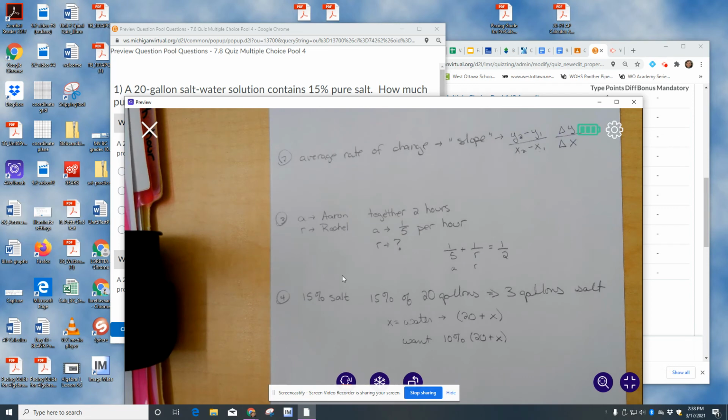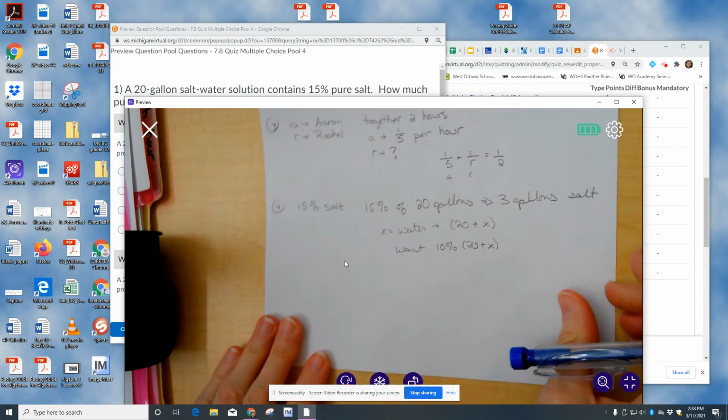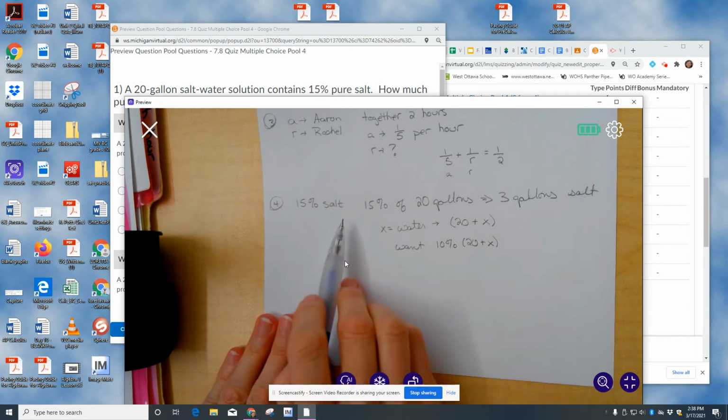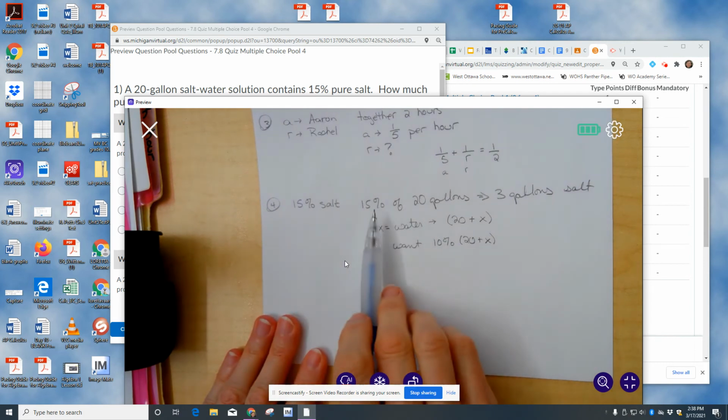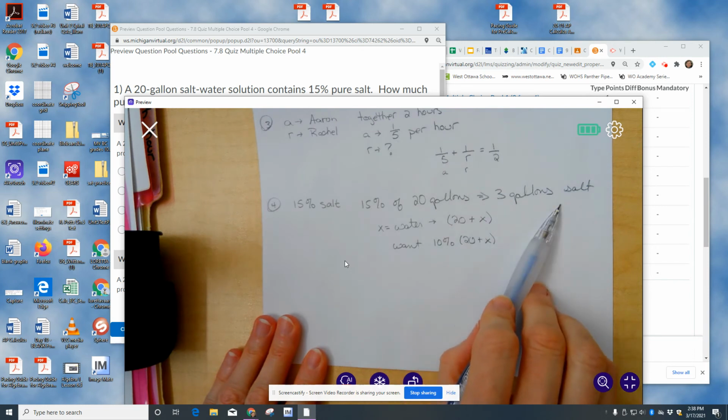All right, so I kind of, again, started to set it up for you. So they tell you you start with 15% salt. So if you have 15% of 20 gallons, that means you have 3 gallons of salt. Now, what they want is a 10% solution.